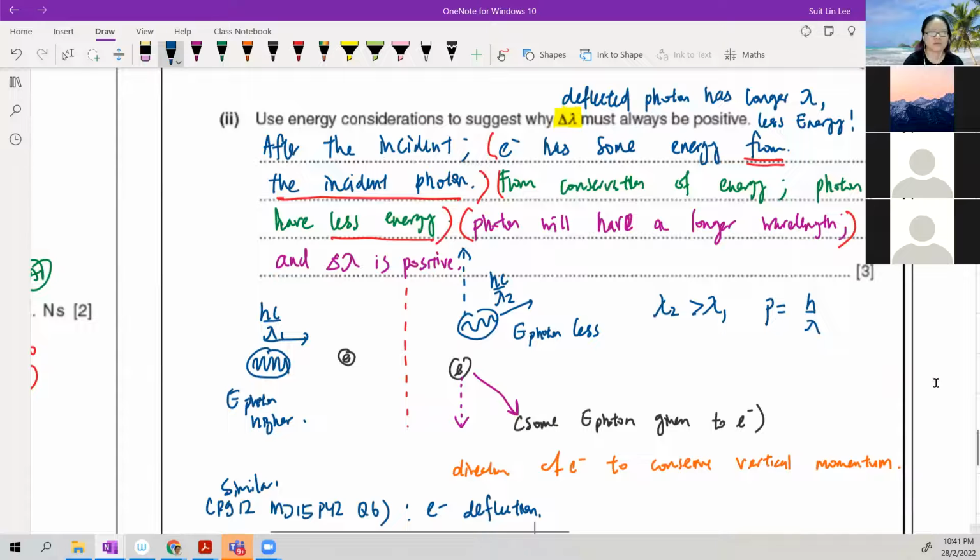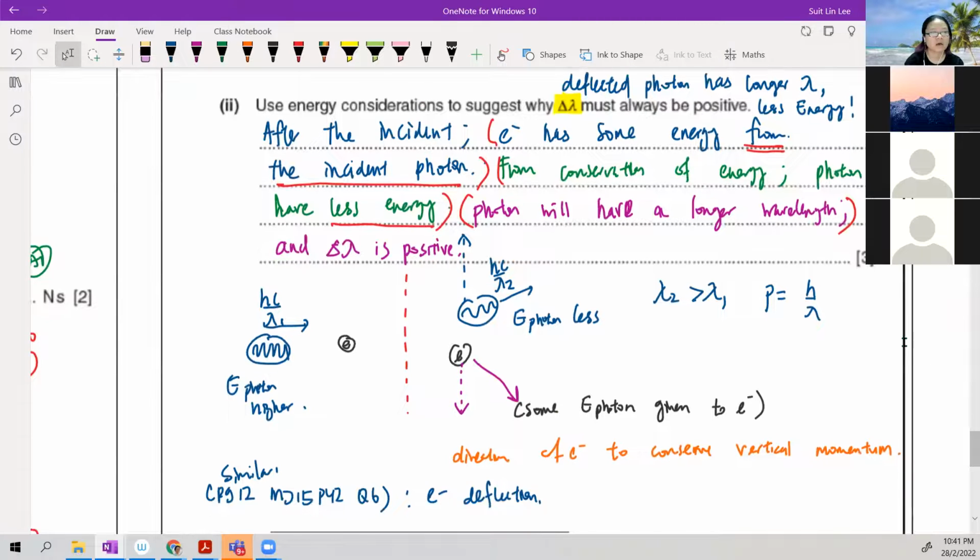Another similar one would be page 10, ON 14, paper 4.3, question 8.